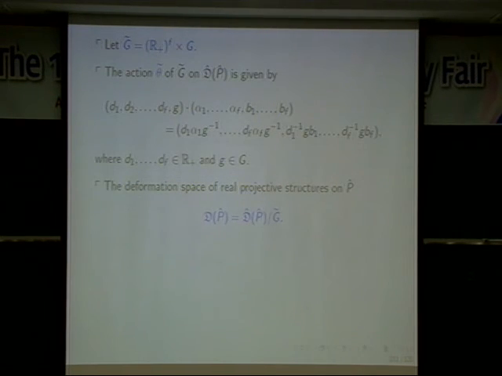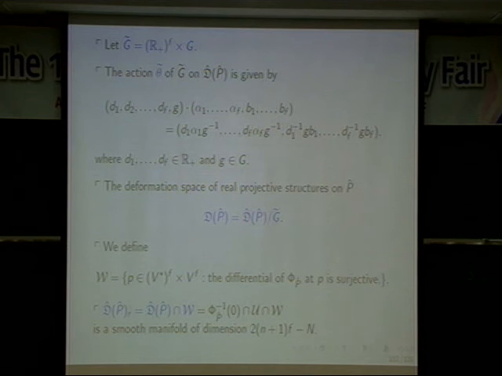And then we consider the previous obvious group action on P hat. One is just multiplying one side by di and the other side by di inverse, and this one multiplies by G inverse, and G is related to conjugation by G. So the previous deformation space is the same as this object.